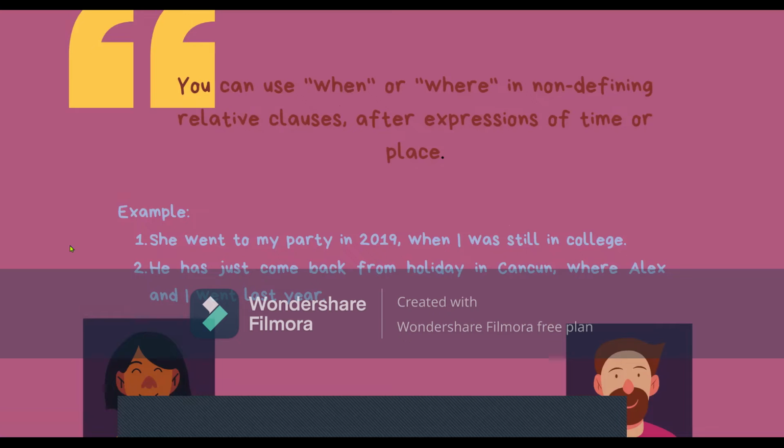For example, in the first example it is talking about a date, 2019, and it says she went to my party in 2019, with a comma separating the main clause and the relative clause, and then you use when I was still in college. So as you can see, it is using when to specify that in 2019 this person was still in college. So it is used for time or place.